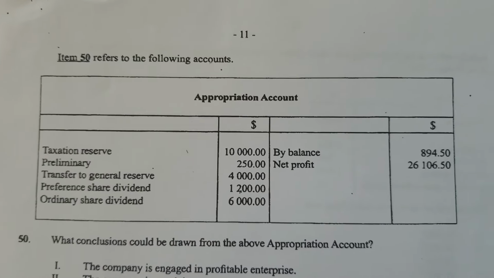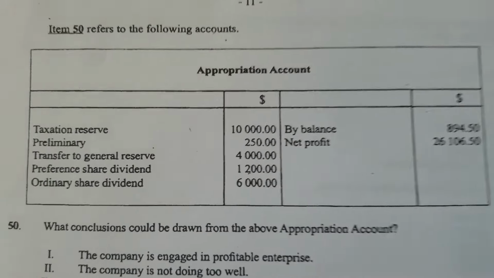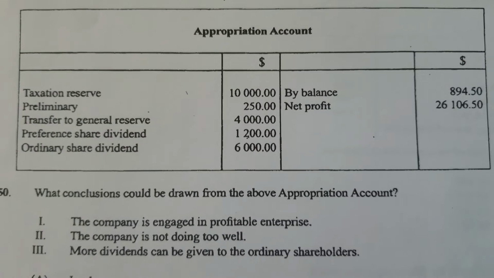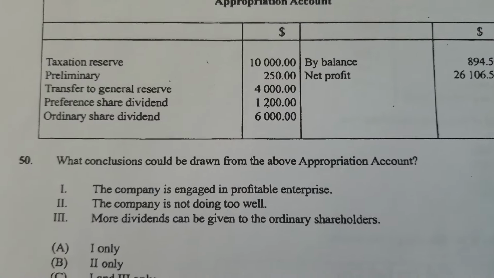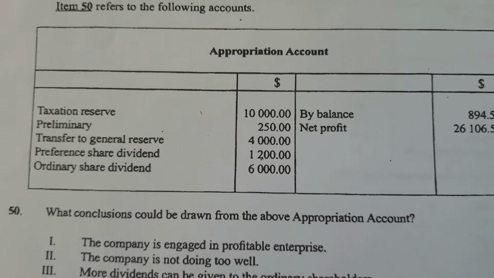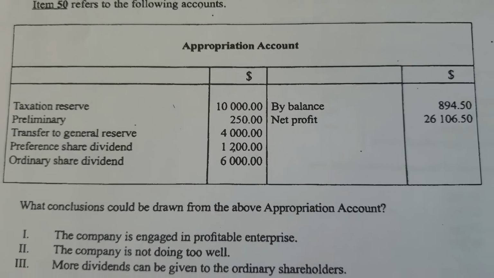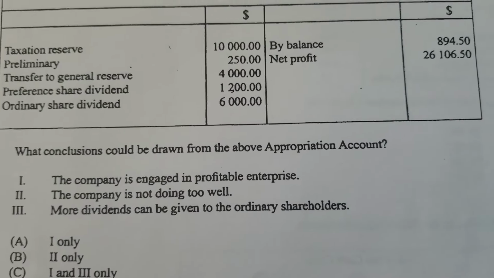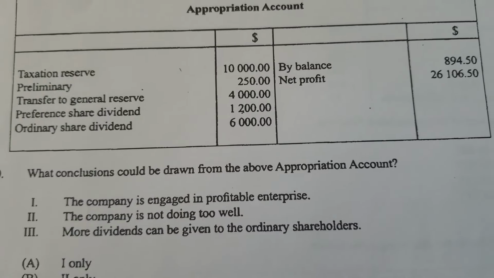So now we're at question 50. Item 50 refers to the following, and they have given us the appropriation account. And the question asked is, what conclusions could be drawn from the above appropriation account? Let's examine it. All right, what can be drawn? The company is engaged in a profitable enterprise.